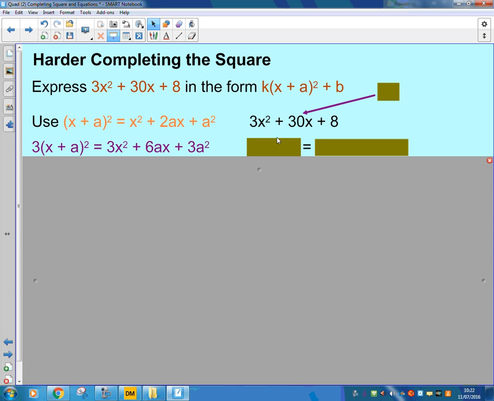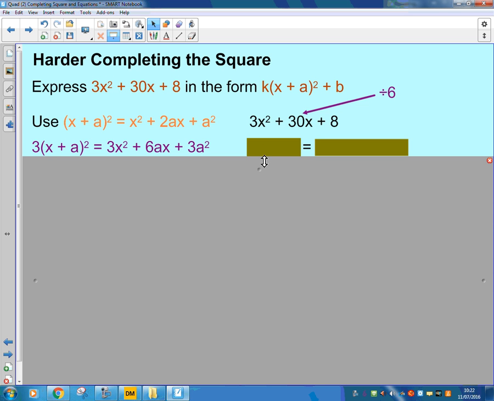So my 30 equals 6a. So I don't divide by 2 anymore, I divide by 6. The easy way to remember it is you always divide by 2, but if I've also got a number here, like this case 3, I've got to divide by that as well. So I divide it by 2 and I divide it by 3, so I'm divided by 6.